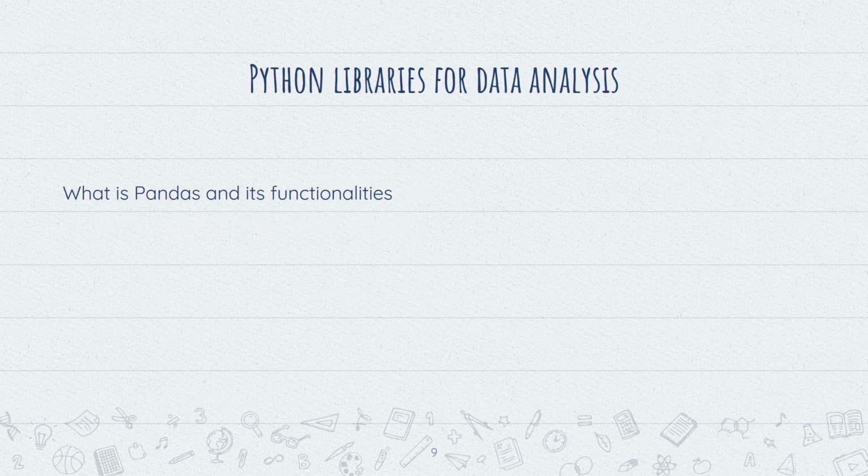With the next module, we'll be stepping our foot a little bit in the world of machine learning. That is, our next module is Python libraries for data analysis. Here we discuss about a library called Pandas. Since Pandas is a very vast library, we will only discuss certain functionalities that we use every time for analyzing the data.